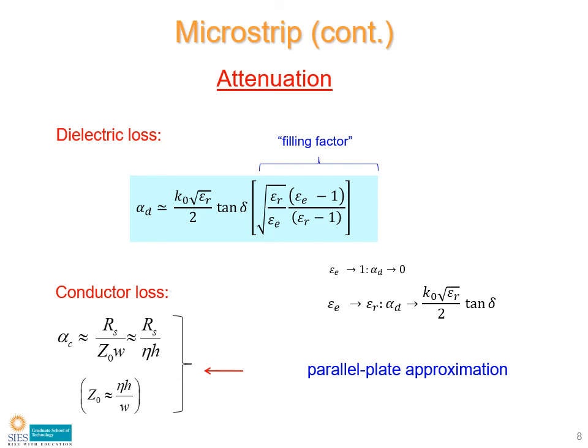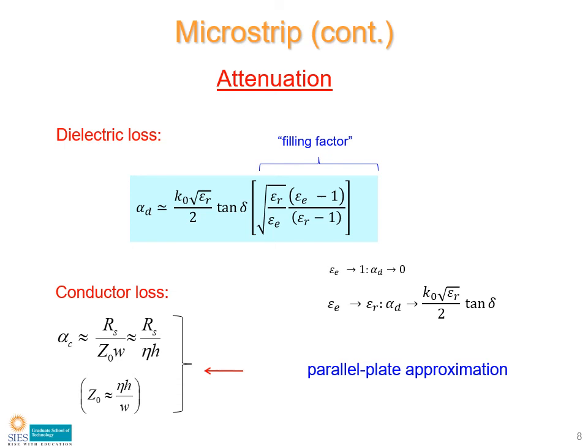Similarly, whenever we are designing any line, calculating the attenuation constant is very important. The attenuation stands for loss. So there are two types of losses, or two types of attenuation, possible in a microstrip line. The first one is called dielectric loss, and the other is called conductor loss.